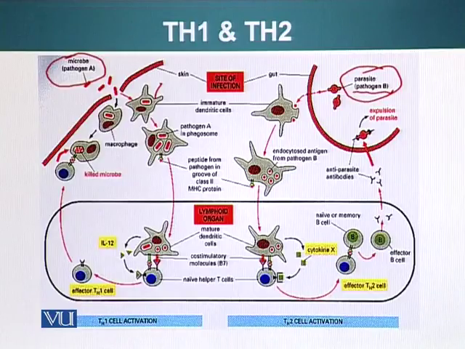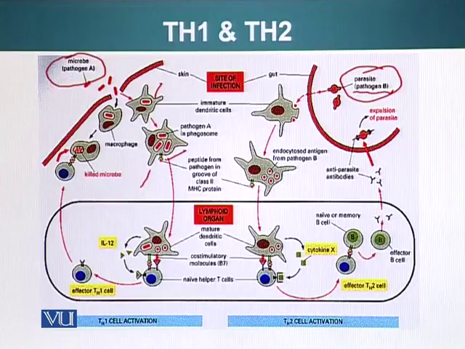Little pieces of pathogen A will be displayed on the surface of the antigen-presenting cell. Little fragments of pathogen A will be displayed with the help of MHC class 2 molecules, which you can see right here.